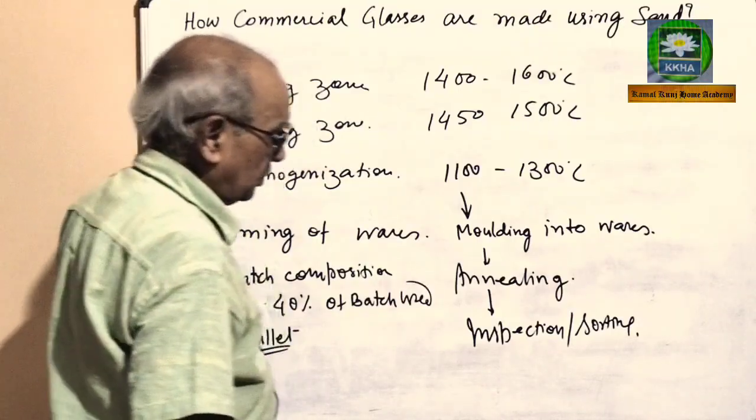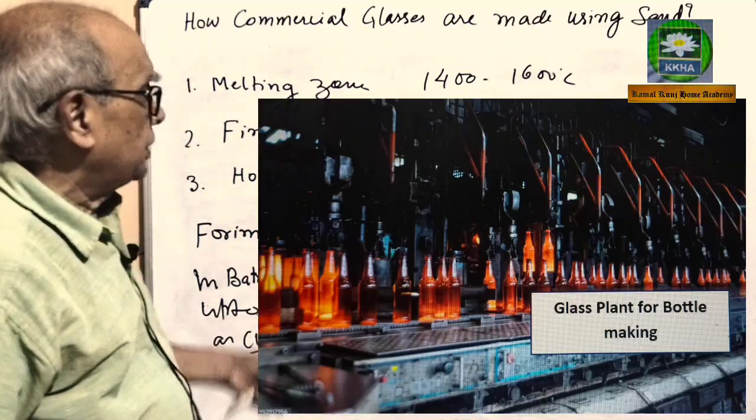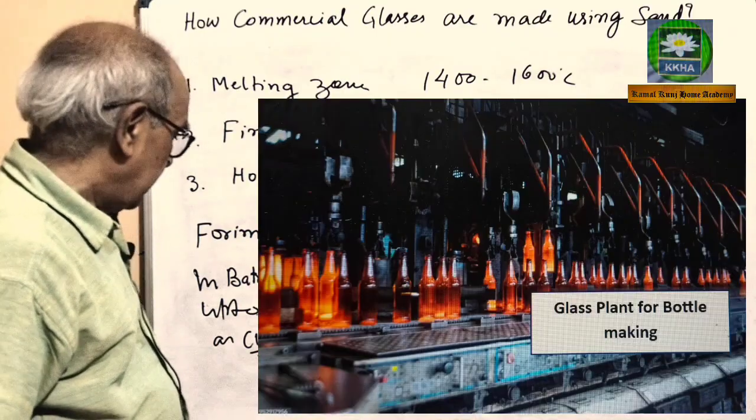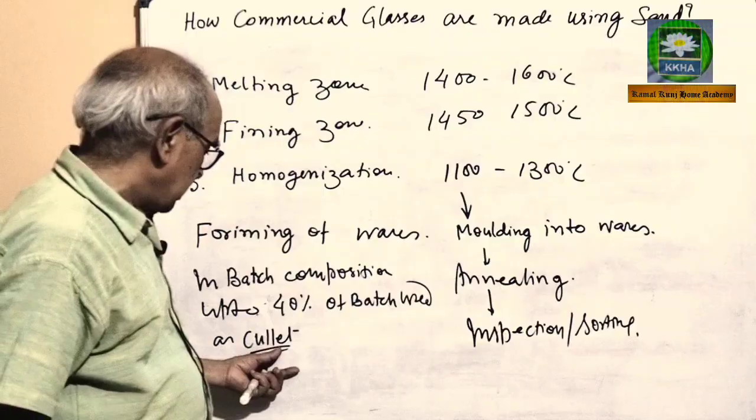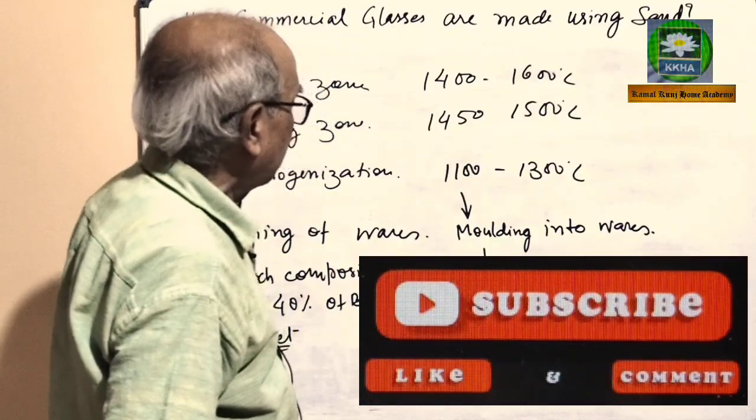Used glasses or rejected glass pieces are used as cullet, about 40% in the batch. It helps in melting of the batch.